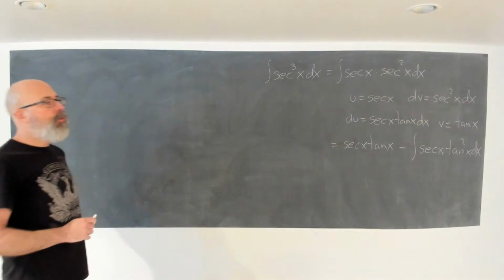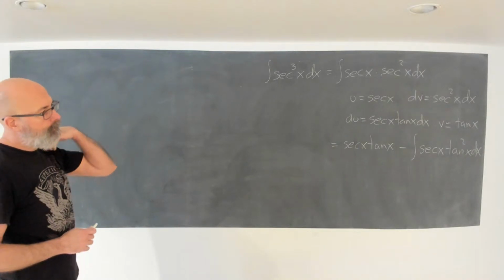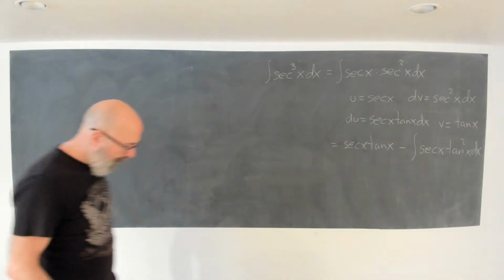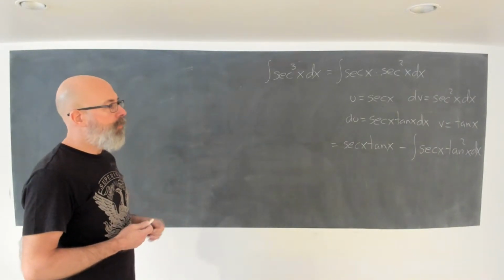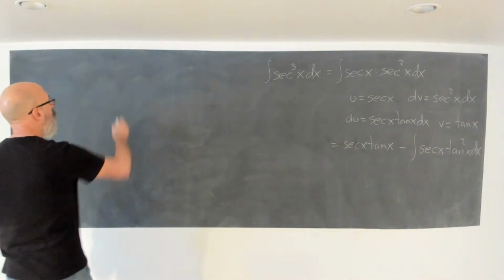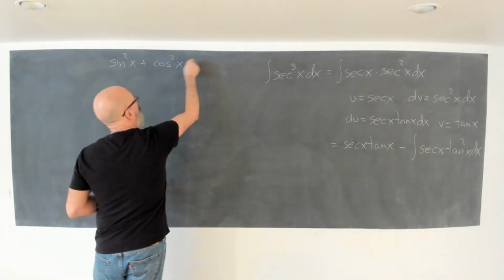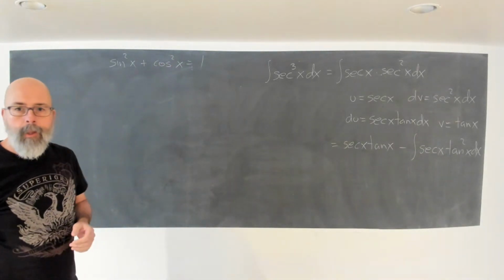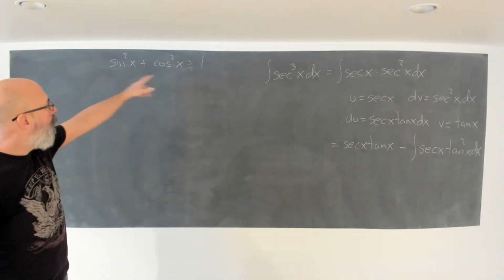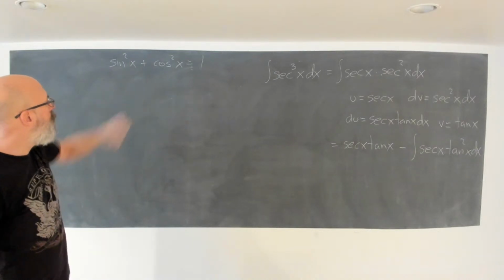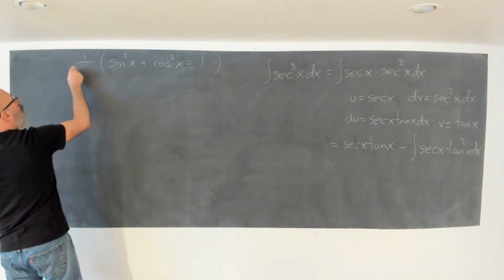Now we're going to start talking about identities involving the other trig functions. You know a very important identity, sine squared plus cosine squared equals 1. Let us derive an identity involving tangent using this.